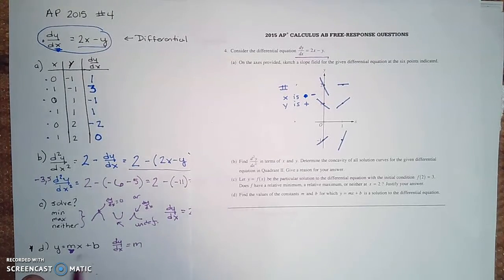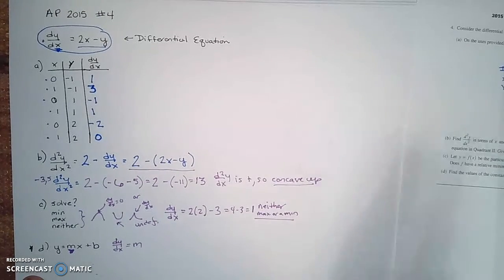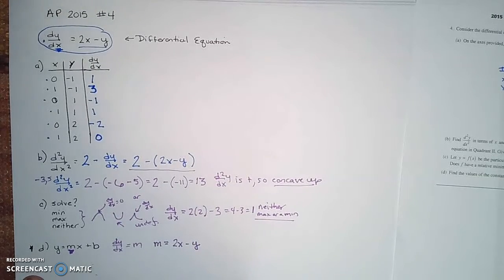If dy/dx equals m, that means that m is equal to 2x minus y from the equation up above. So we now have a whole bunch of things that are equal to each other. We know dy/dx is m, so m is equal to 2x minus y.